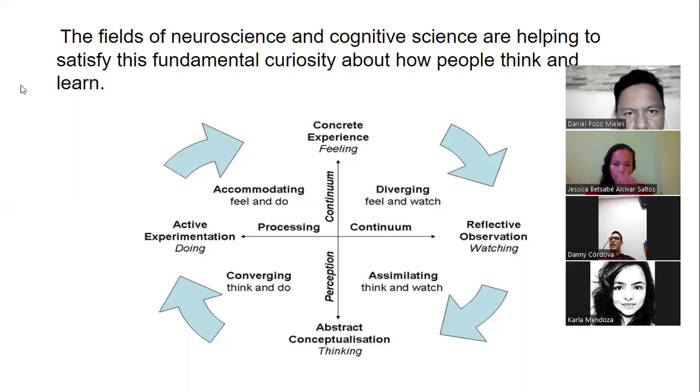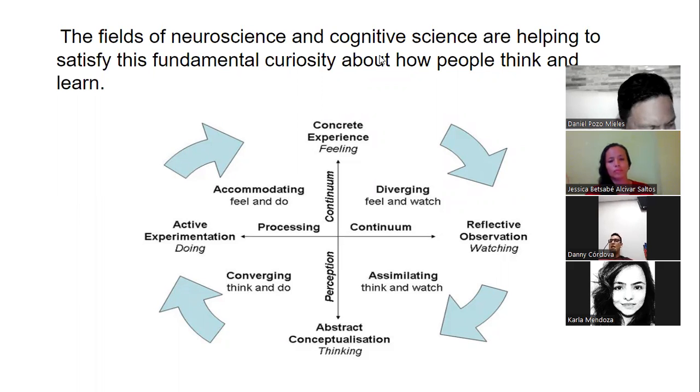Then the reflective observation, where the brain process tries to get something and simulate how it can develop. Then in assimilation, we have the part think and watch.